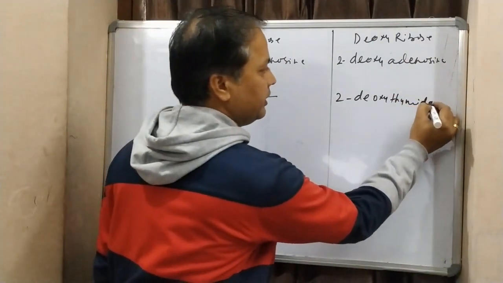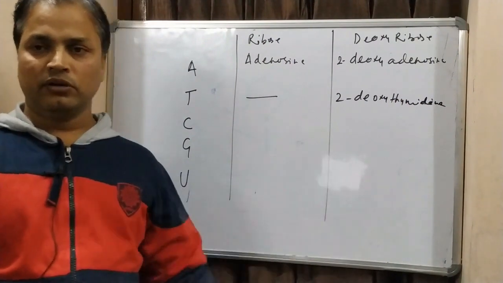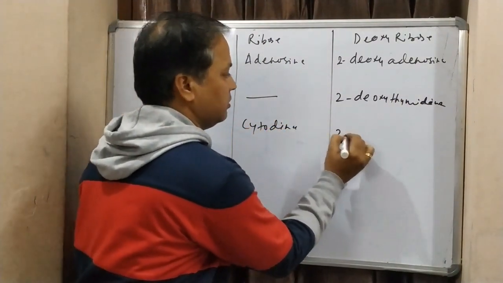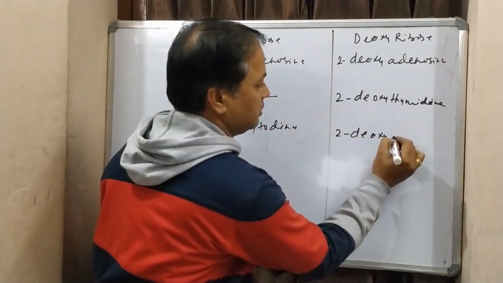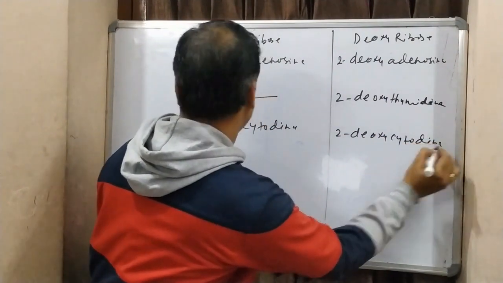Similarly, cytosine is present in both places, so we'll call it cytidine or 2-deoxycytidine.